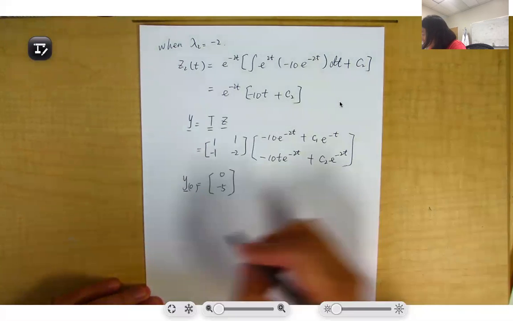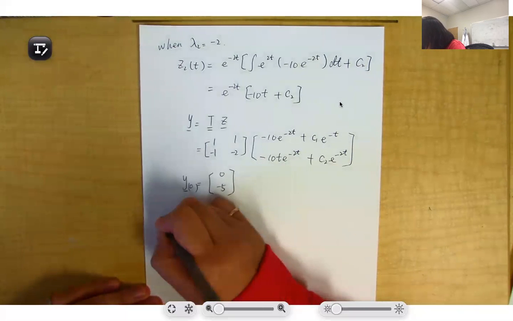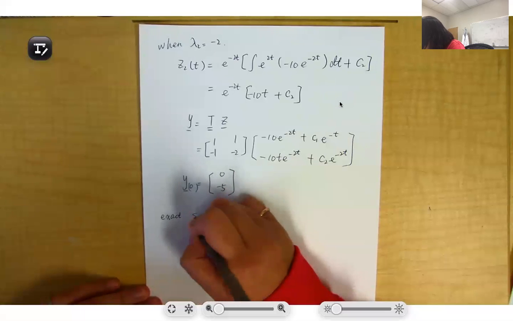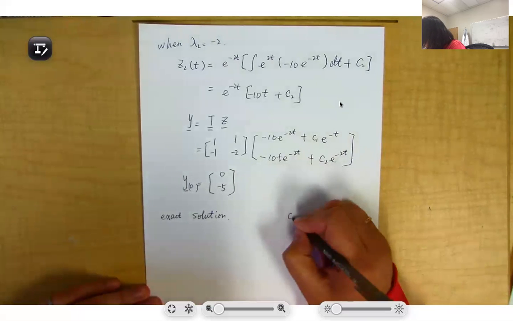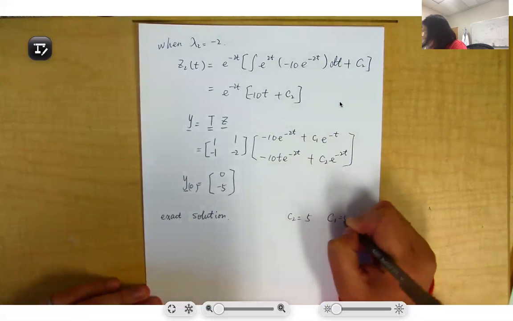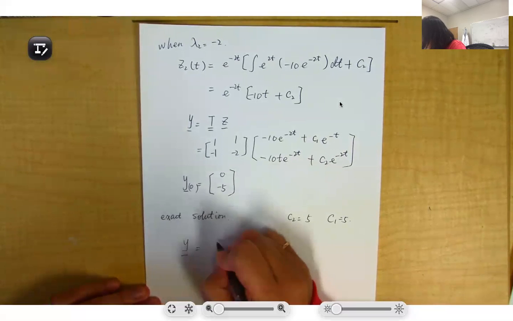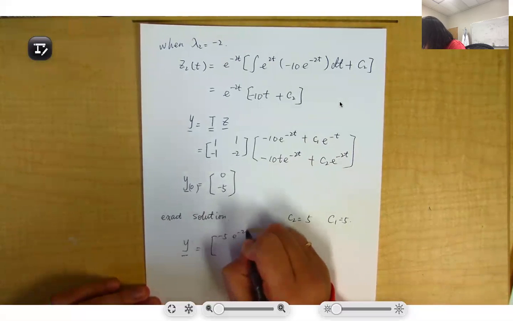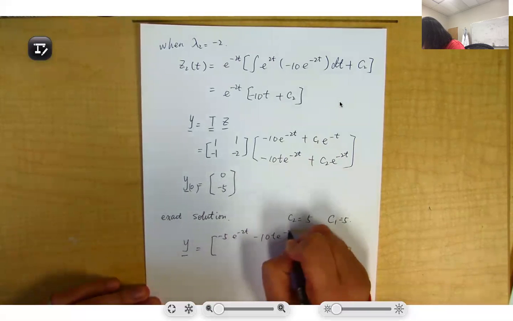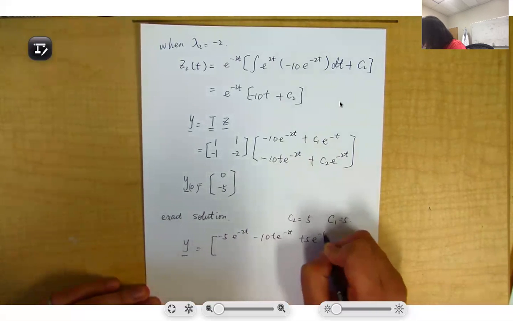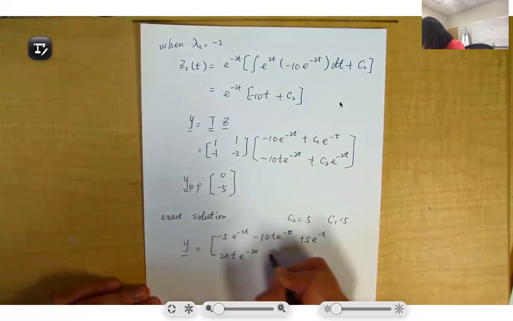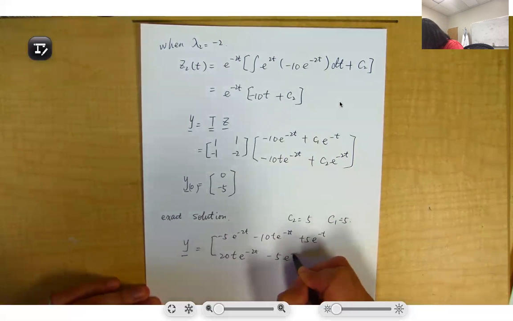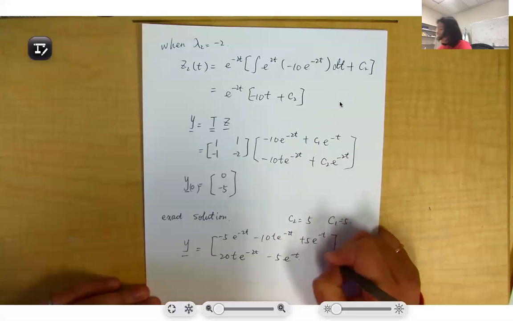So the final solution, the exact or unique solution of this problem, is when c2 equals 5 and c1 equals 5, so that y will be -5e^(-2t) minus 10t e^(-2t) plus 5e^(-t). The second component will be 20t e^(-2t) minus 5e^(-t). Okay, so that is your final solution.